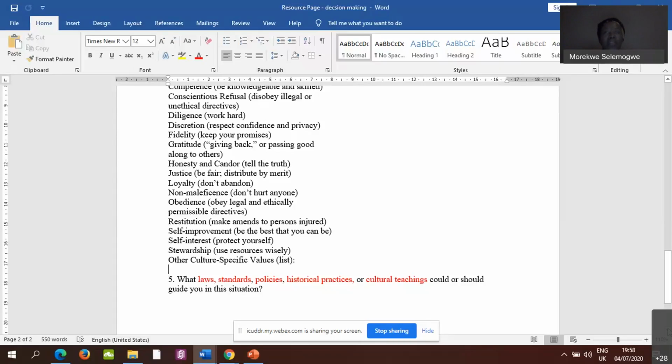How do I preserve myself as a counselor, my integrity, and all that, despite the fact that I initially made a mistake? So there might be culture specific values because we don't know which country, which culture Ranjit is from, and we don't want to assume just because it's Ranjit. But you could think about the laws and standards and policies, historical practices, and cultural teachings.